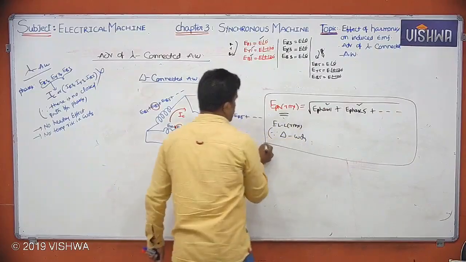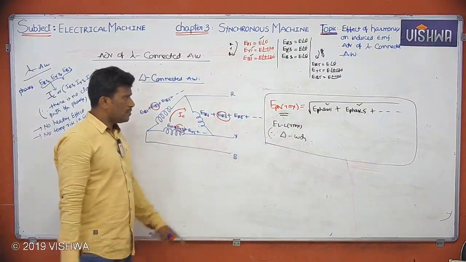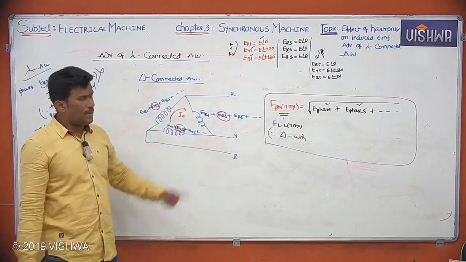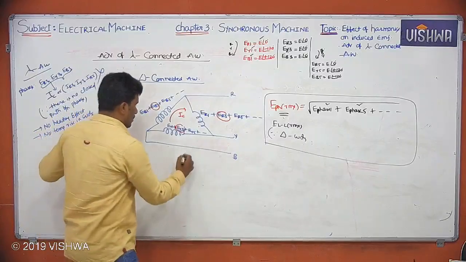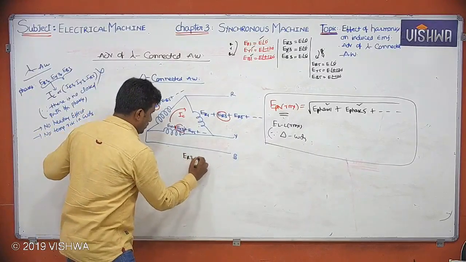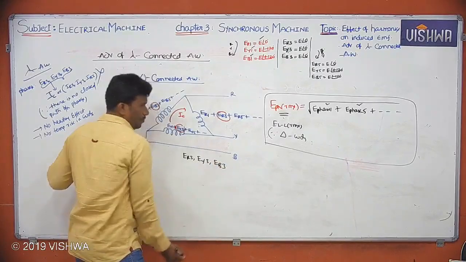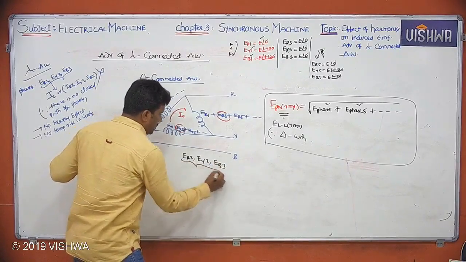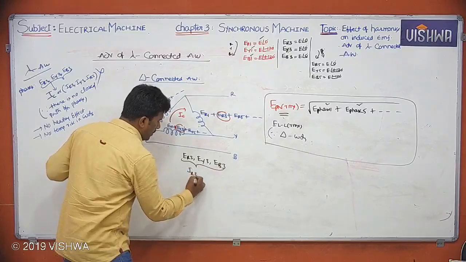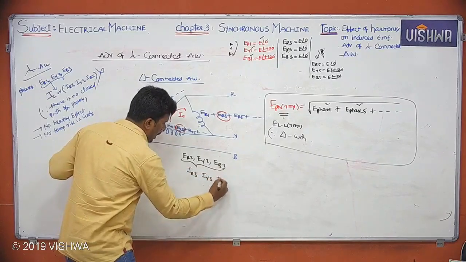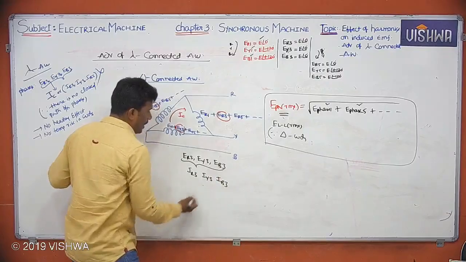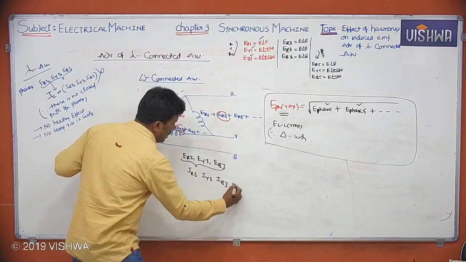So now let me ask a simple question. Why is harmonic EMF not appearing there? Very simple. Because of this ER3, EY3, EB3, IR3, IY3, IB3 will come into picture. Like I said, these currents can be called circular currents.